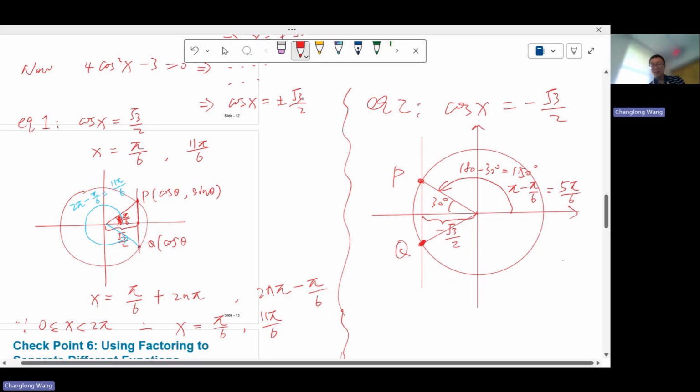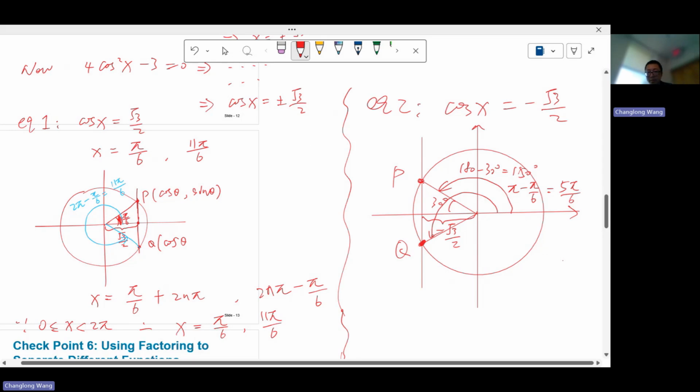Okay, so now what about the other angle that goes all the way to somewhere down below? You realize, oh, now we're not 30 degrees less than 180, we're 30 degrees more than 180. So we're adding 30 to 180, or adding pi over 6 to the pi.